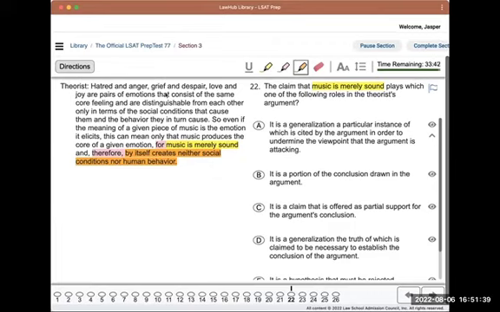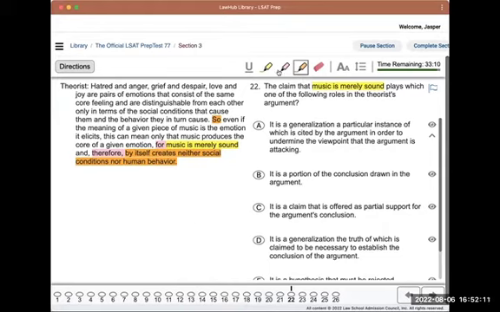So even if the meaning of a given piece of music is the emotion it elicits, okay, so when they say even if this is true, they're conceding that fact, right? So they're conceding that the meaning of a given piece of music is the emotion it elicits. This can mean only that music produces the core of a given emotion.